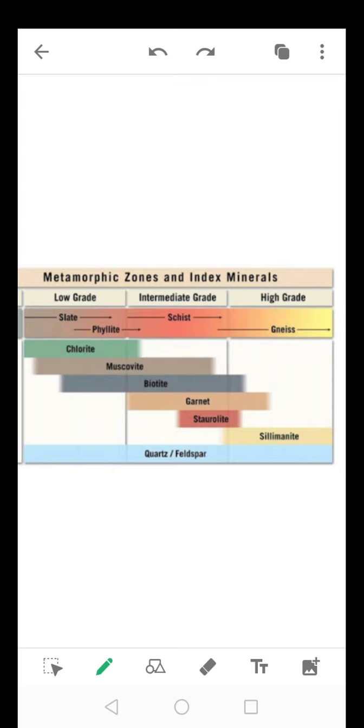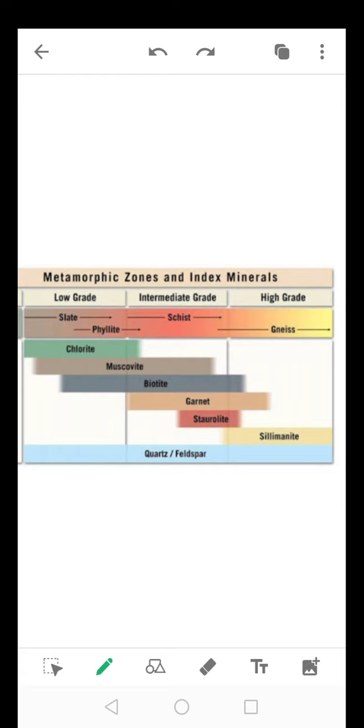Those rocks could be igneous, metamorphic, or sedimentary. We call them protolith, or parent rocks. The parent rock could be basalt or shale, and basalt and shale won't form the same metamorphic rocks, and they will have different mineral assemblages.